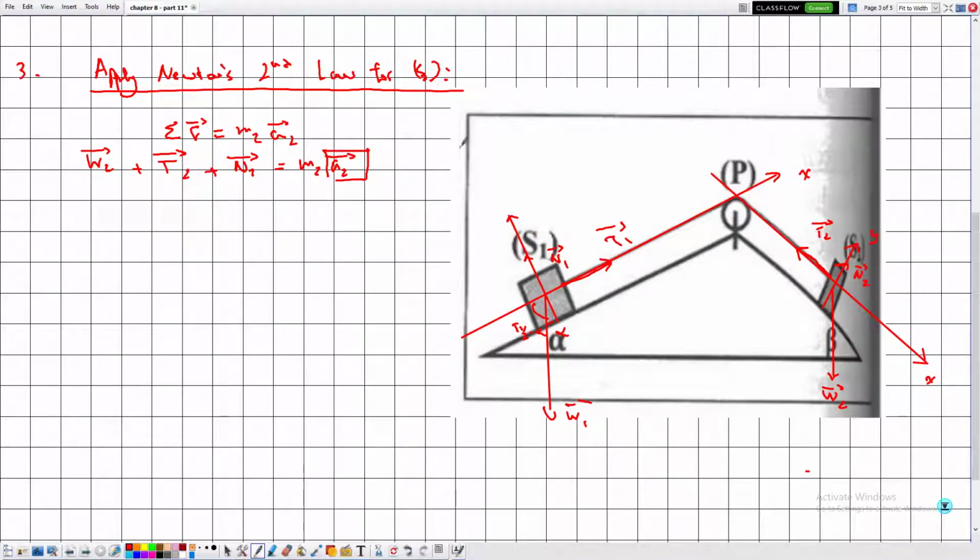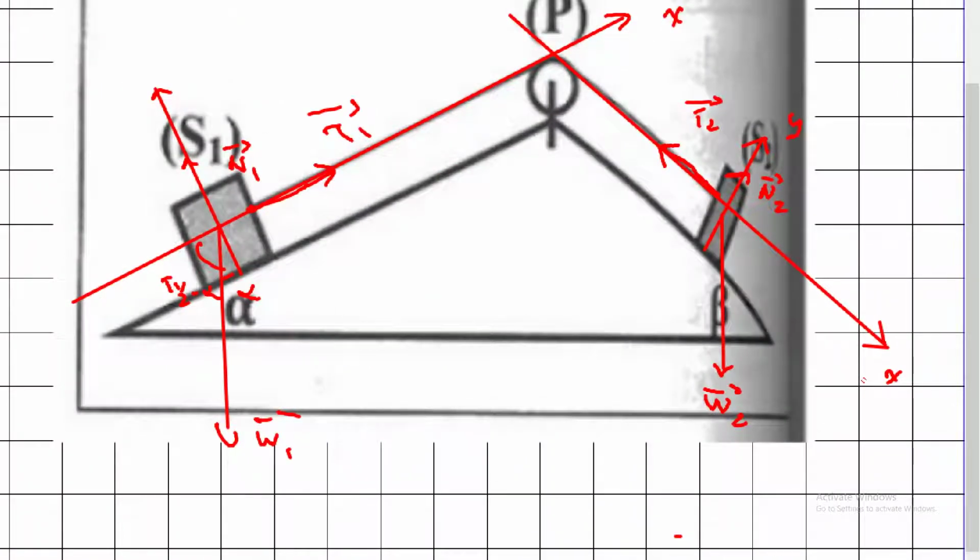This is a vectorial equation. Let me determine the projections here: the projections of W2x, W2y, the tension T2x, T2y, and N2x and N2y. Regarding the weight, it is acting in the positive direction of the x-axis.